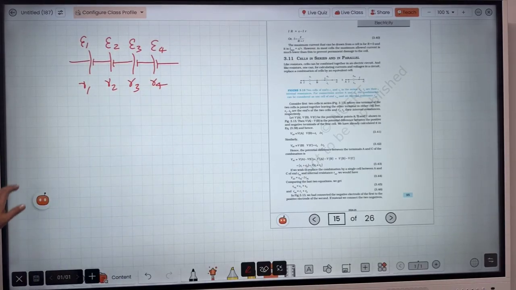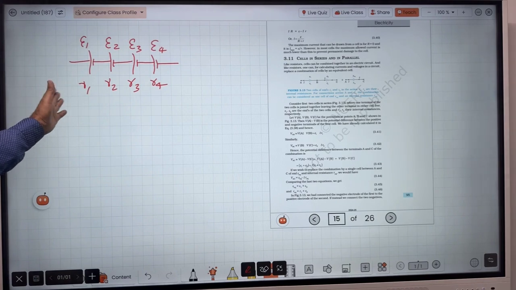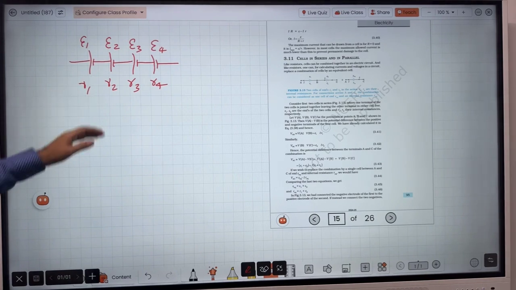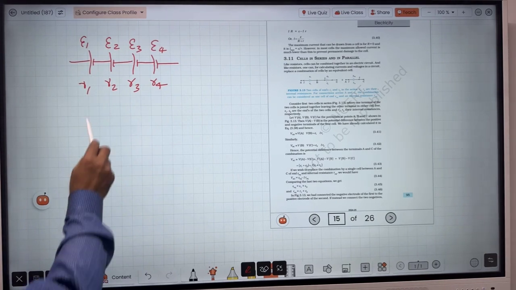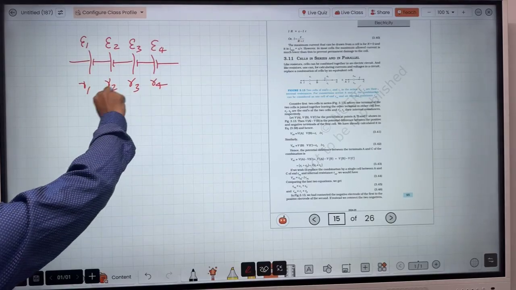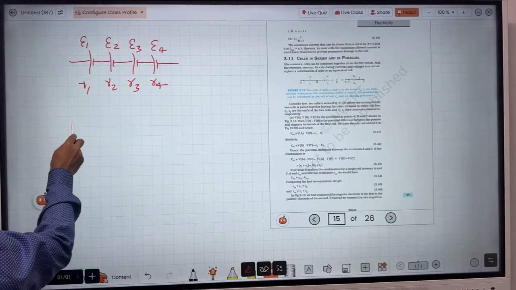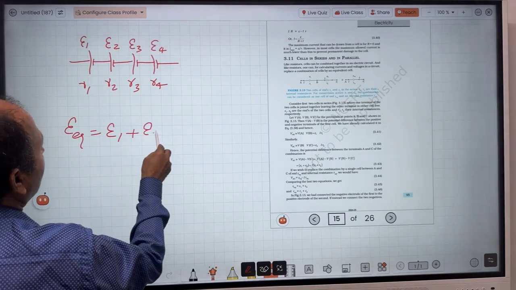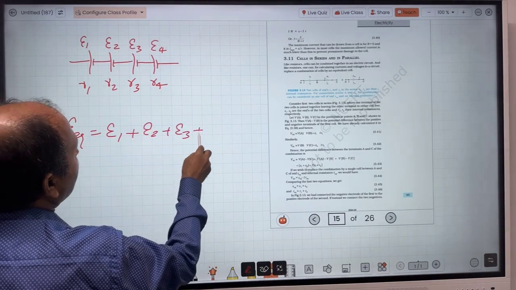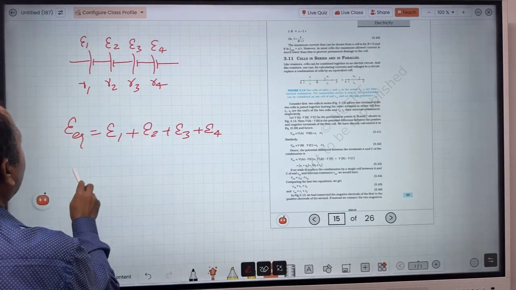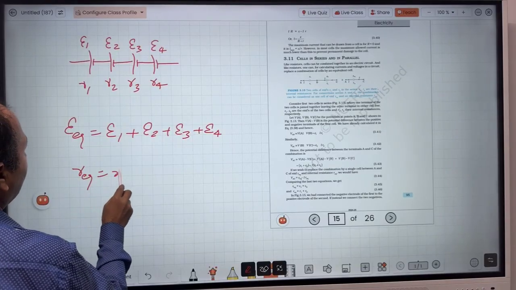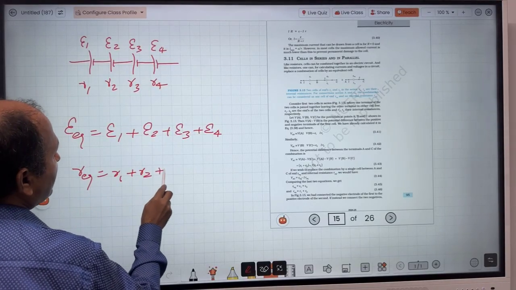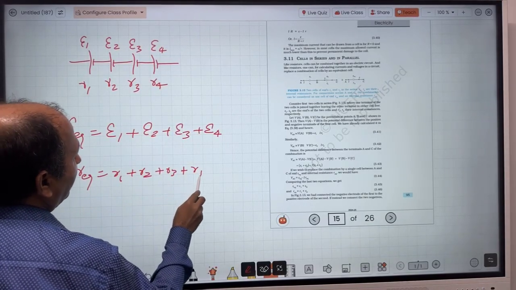Then what is equivalent potential or equivalent EMF of the combination, and what is the total internal resistance? Suppose we want to find out. So E equivalent will be equal to E1 plus E2 plus E3 plus E4, and R equivalent internal resistance will be R1 plus R2 plus R3 plus R4.